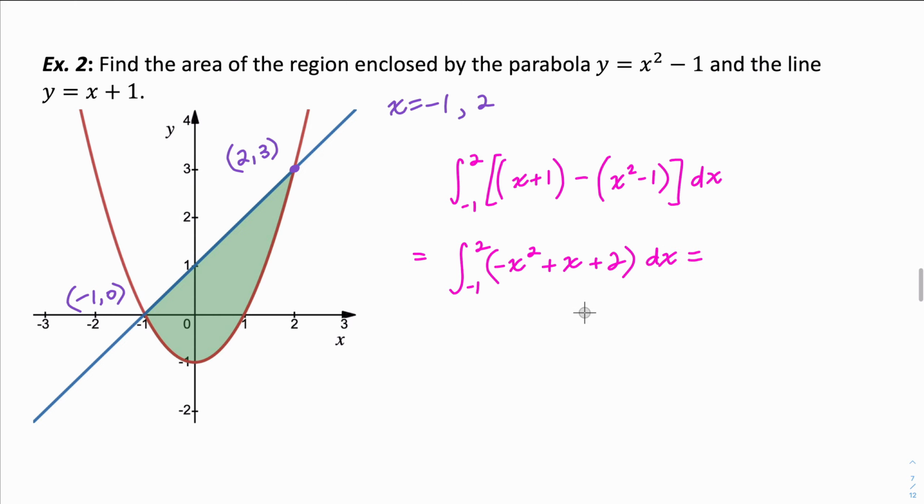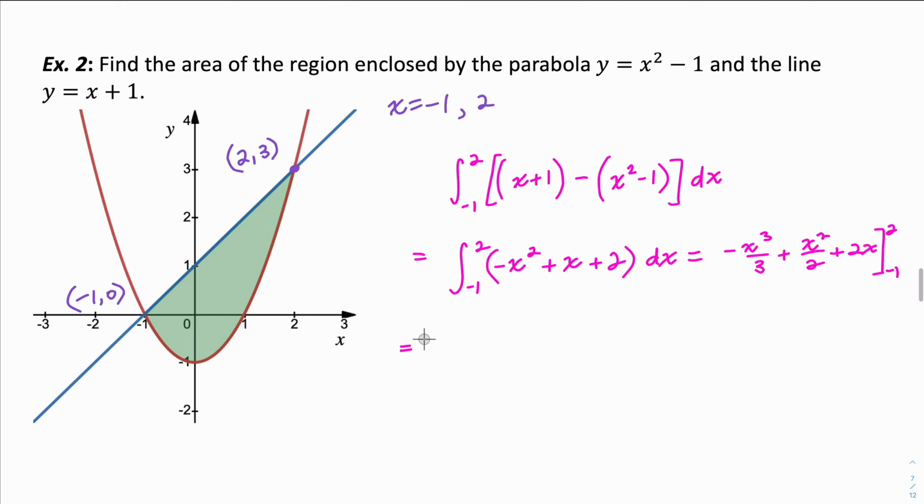All right, so the antiderivative. That's going to be negative x cubed over 3, x squared over 2, and 2x, evaluated from negative 1 to 2. So go ahead and evaluate this, and what do we get?